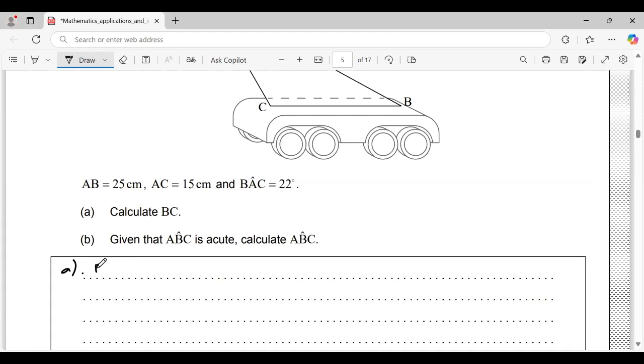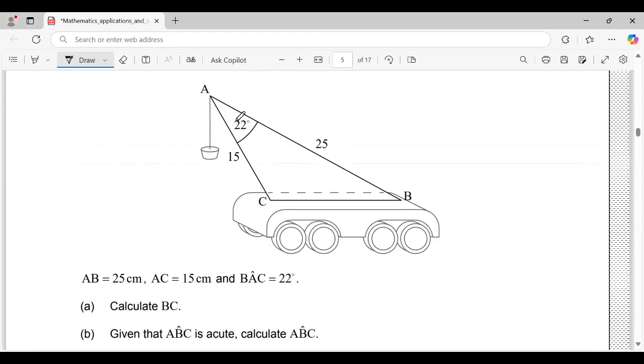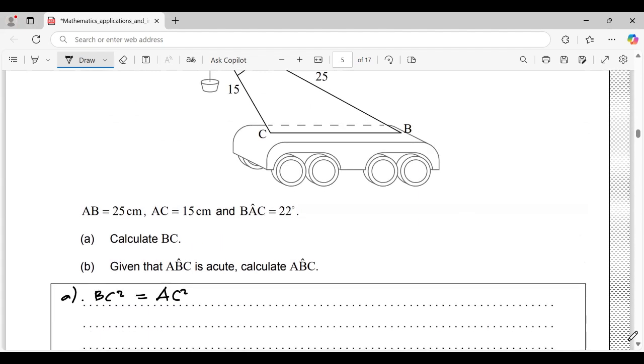According to the cosine rule, BC squared equals AC squared plus AB squared minus 2 times AC times AB times cosine of angle BAC.